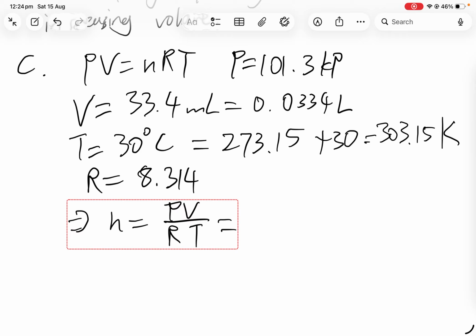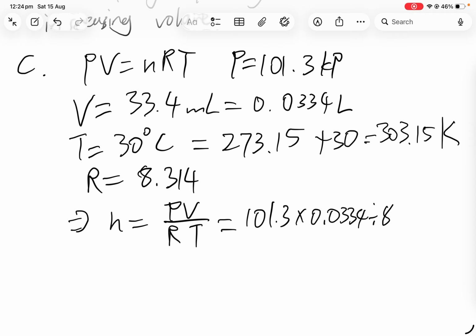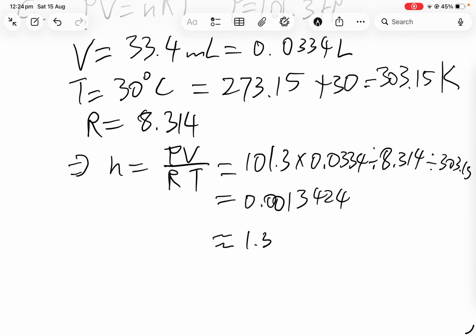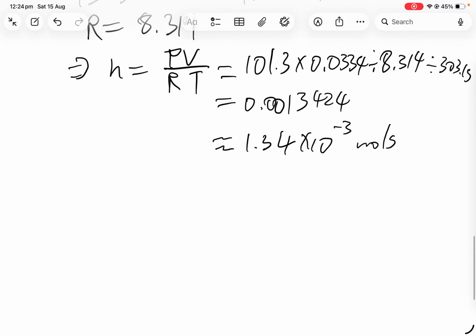I'm just gonna put it in a calculator. 101.3 times 0.0334 divided by 8.314 divided by 303.15 equals 0.00134424, which equals 1.34 times 10 to the power of negative 3 moles. Yep, that should be good for part C.